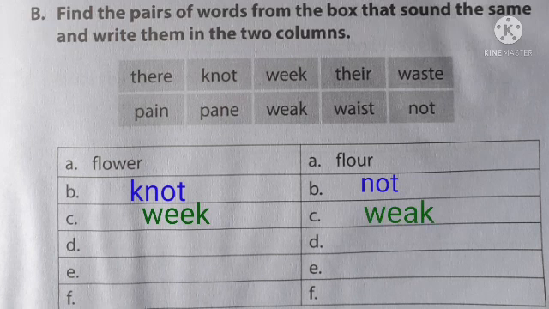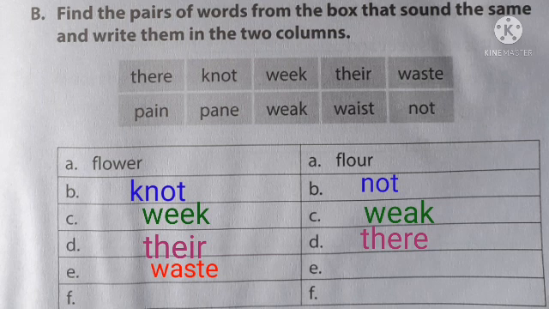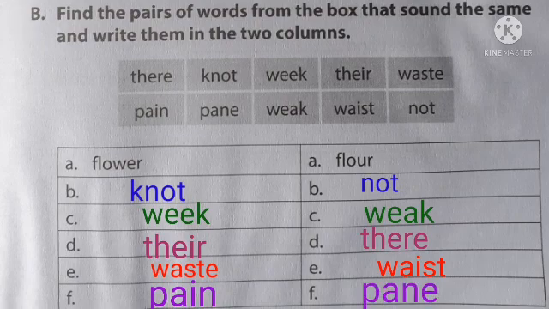And the next one, T-H-E-I-R, their, which is a pair of the word there. Yes, T-H-E-R-E, there. And the next one, W-A-S-T-E, waste, which is homophone pair of this word waist. Yes, W-A-I-S-T, waist. And the last one, P-A-I-N, pain, and its pair is P-A-N-E, pane.